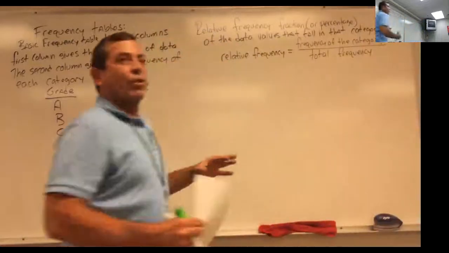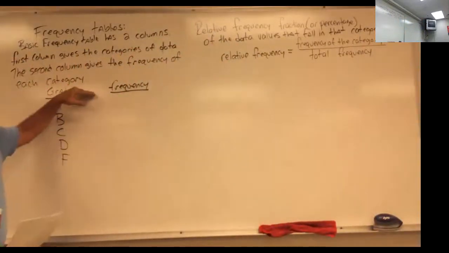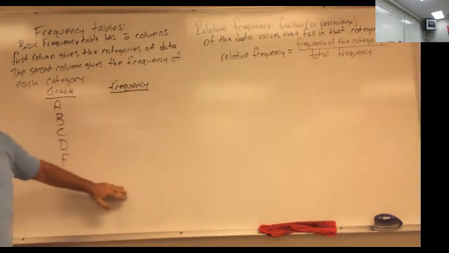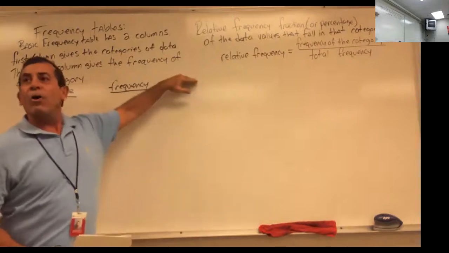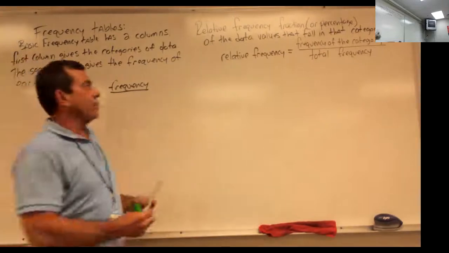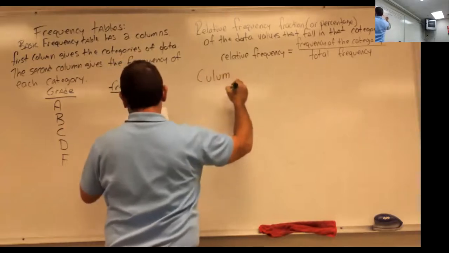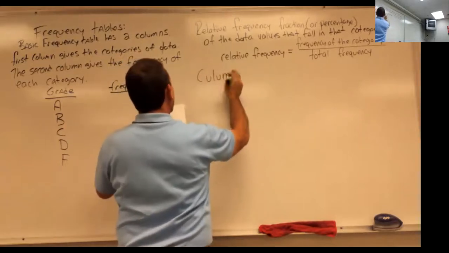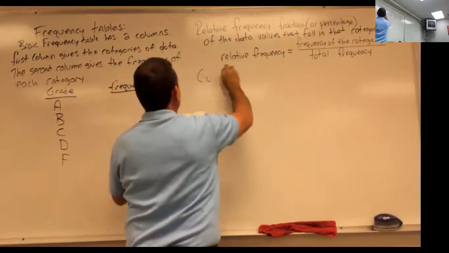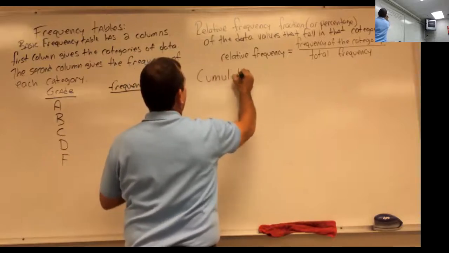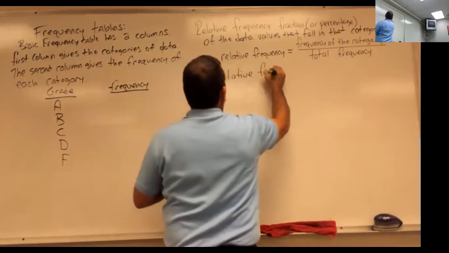So we'll have a chart with the category in the first column, the relative frequency in the second column, and then we'll find what we call the cumulative frequency. Let's write that one down. Cumulative frequency.